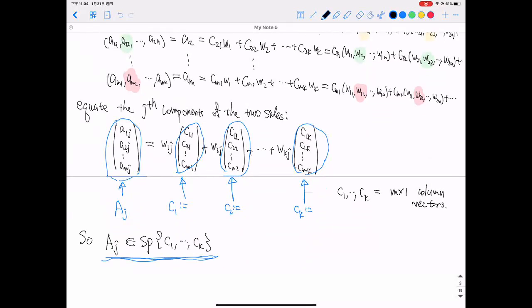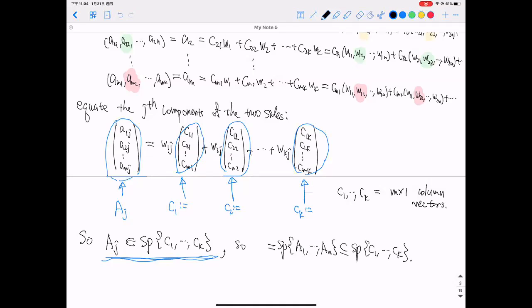Now, because this is true for every J, the span of A1 through AN, each of which belongs to the span of C1 through CK, must actually be inside the span of C1 through CK.